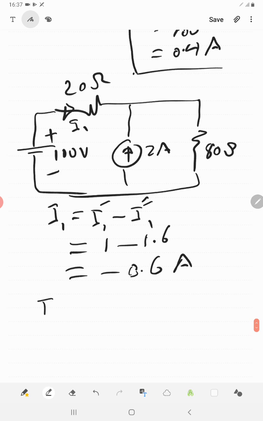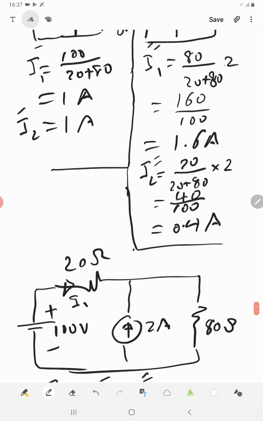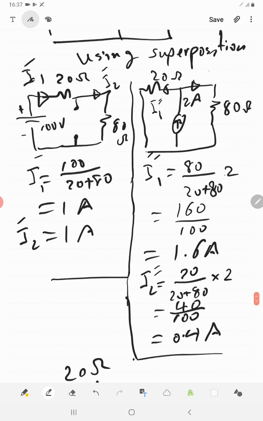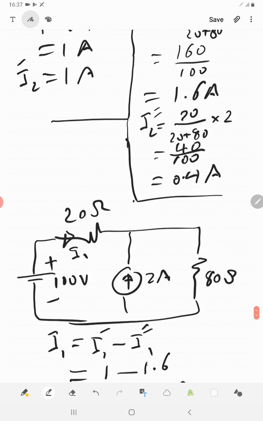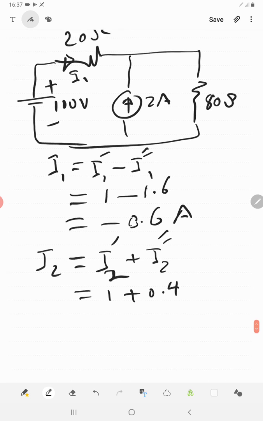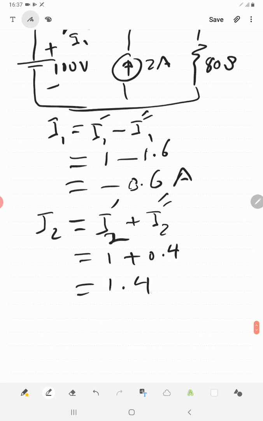And I2 is equal to I2 prime plus I2 double prime, because they are both, as you see, in the same direction. I2 prime and I2 double prime are in the same direction. One is 0.4 and one is 1, so it will be 1 plus 0.4, which is 1.4 amps.